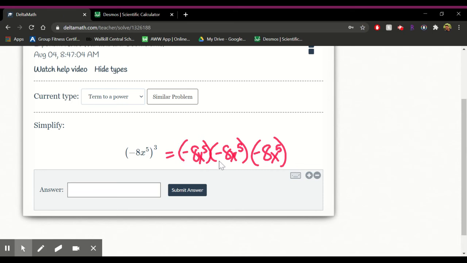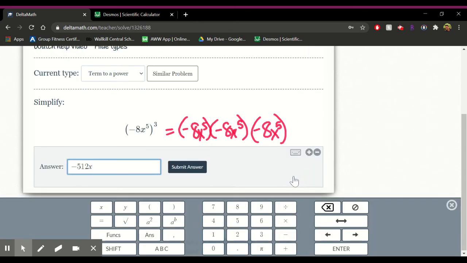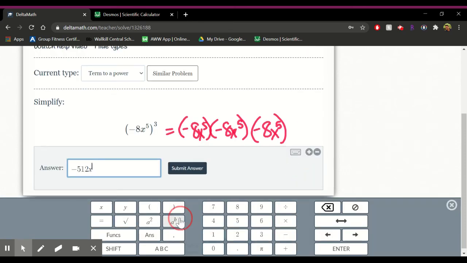So negative 8, negative 8, negative 8 is negative 512. Keep the x's. Add 5, 5, and 5, which is 15. Again, another way you could shortcut it, negative 8 to the 3rd power is negative 512. X to the 5 to the 3rd, you could just do 5 times 3, which is 15. Okay, that's another shortcut.